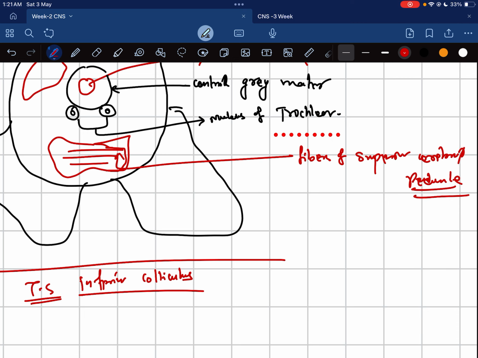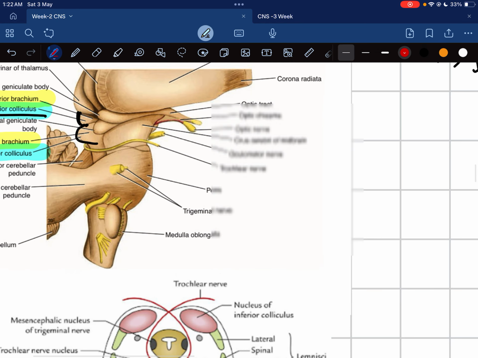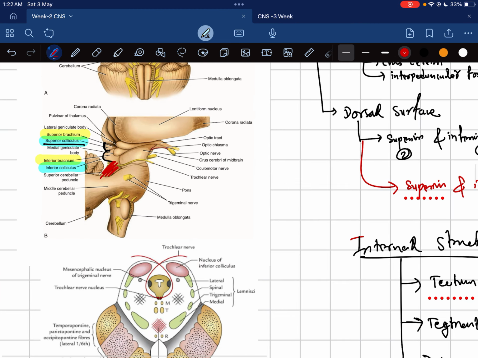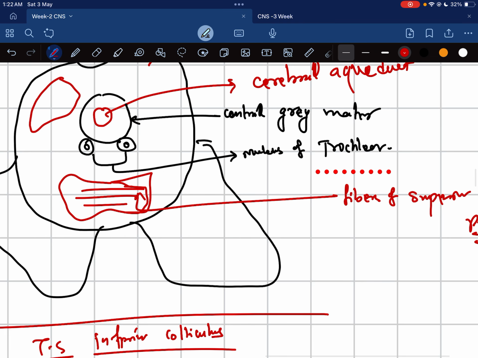We already discussed this in the previous video. These fibers from the midbrain pass through to the cerebellum, connecting between them. This is the superior cerebellar peduncle, and these are the fibers.